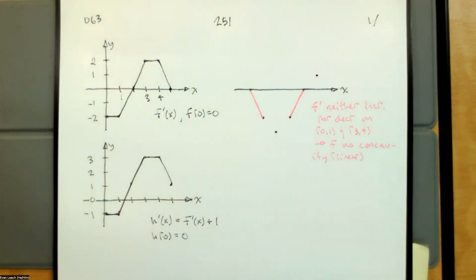So if f prime is neither increasing nor decreasing, then the function is neither concave up nor concave down. And that means it's linear, it's flat.